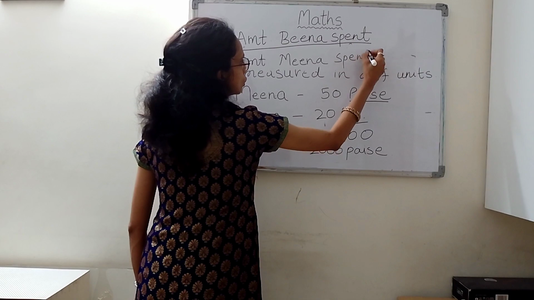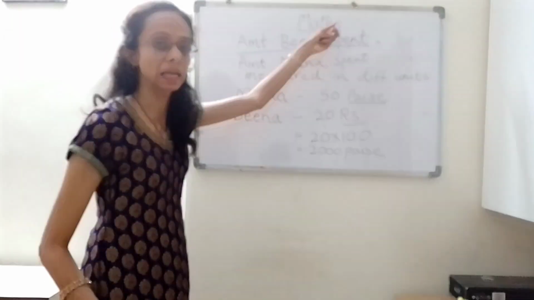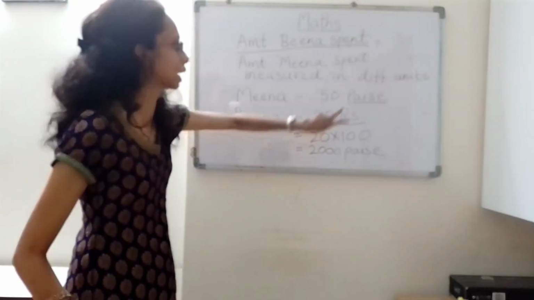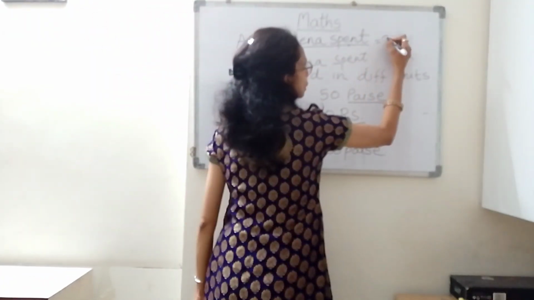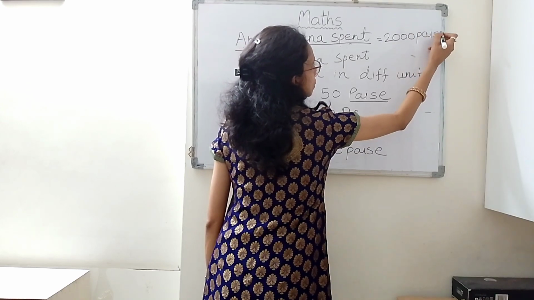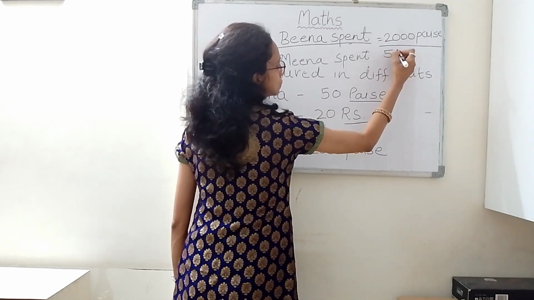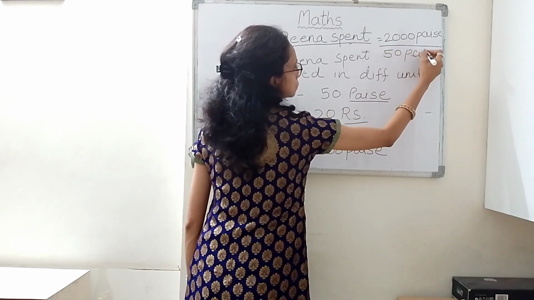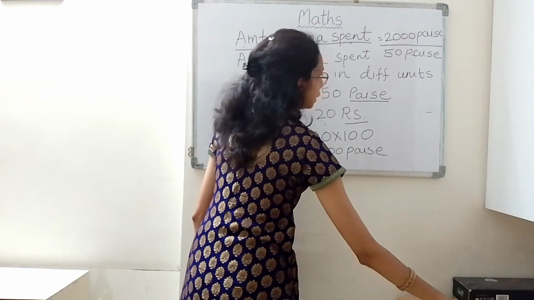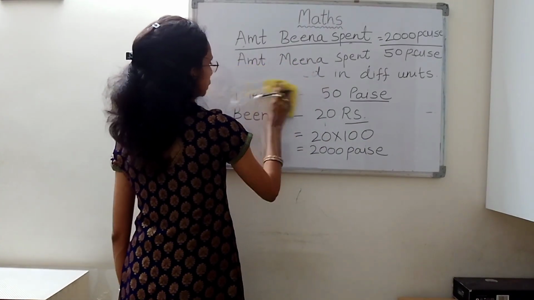is what? As we have written, the amount Beena spent is in the numerator, so we write 2000 paise in the numerator, divided by 50 paise. When we divide, we get 40 is to 1.